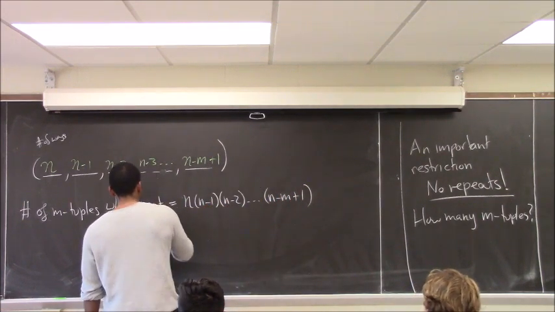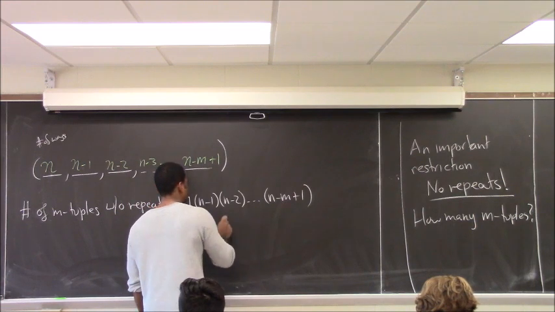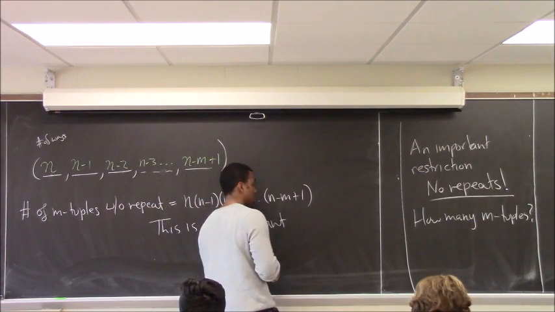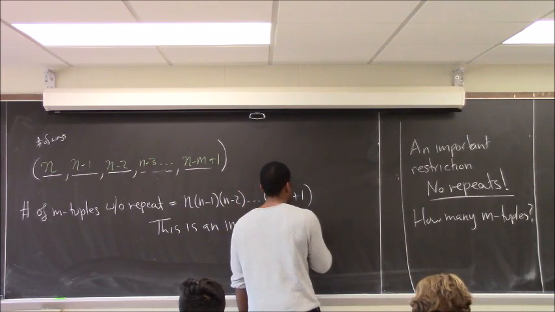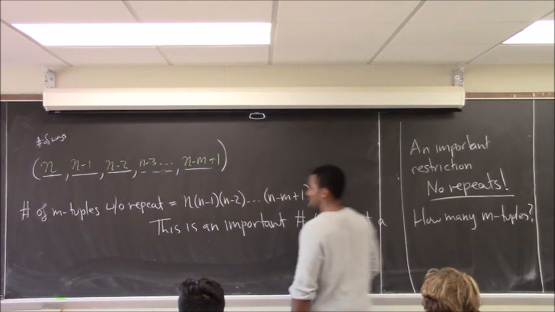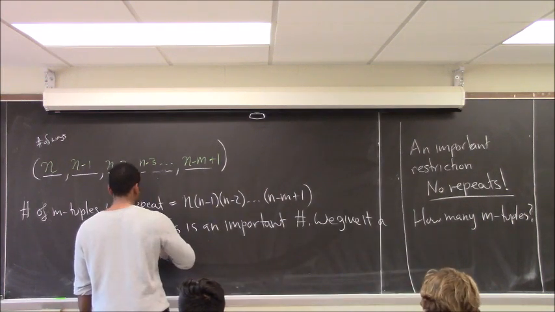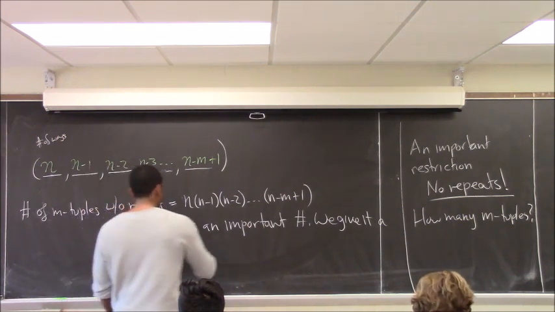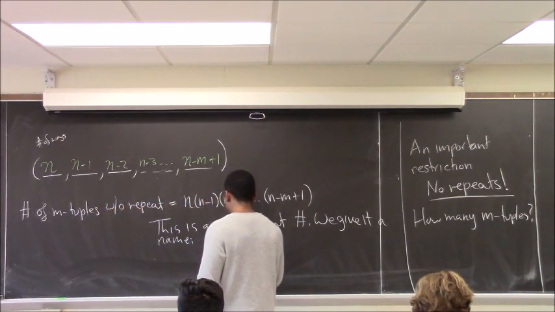This is a very important number. It shows up a lot. We give it a name. Does anyone remember what this is called? It is called P of n, m.